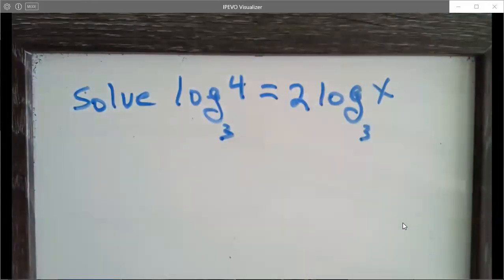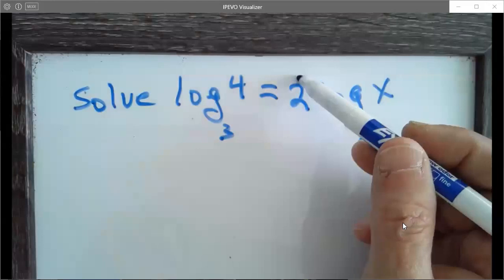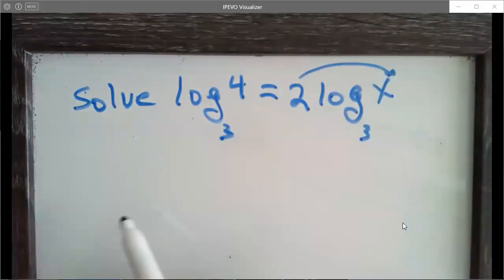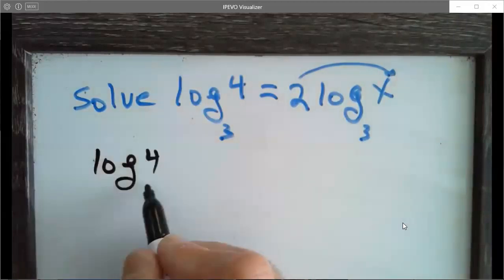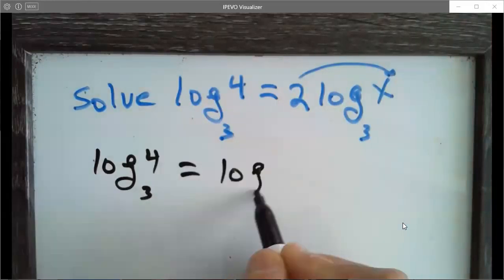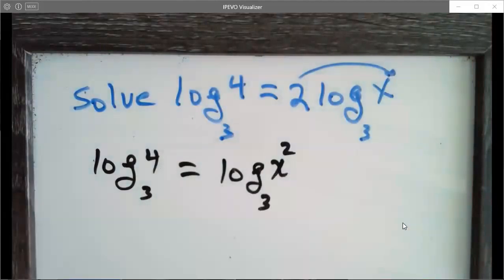With properties of logarithms, we can take this 2 and move it up to an exponent. So this would be log 4 base 3 equals log x squared base 3.